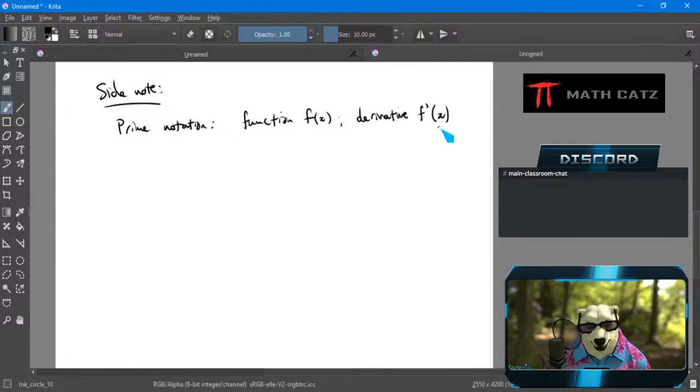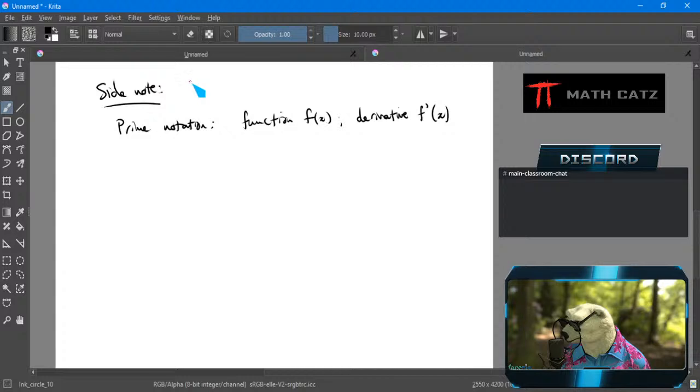And that's very handy. If I have a function name already assigned to something specific, I often want to name the derivative in an appropriate way corresponding to that function. So that is definitely sort of a standard way and one that we'll see more often than anything else.